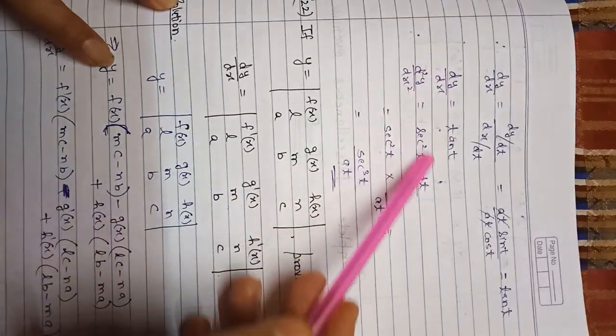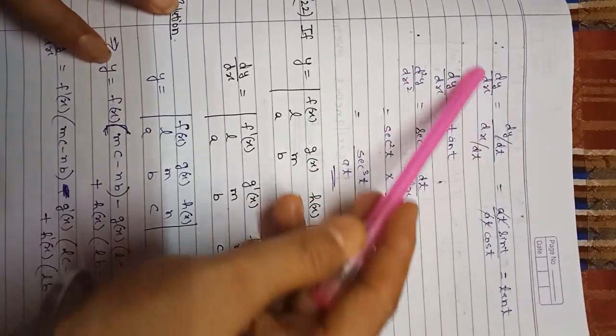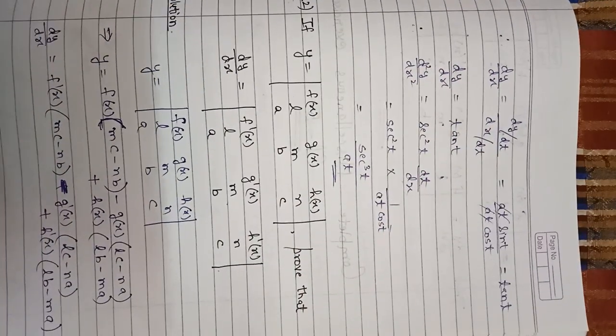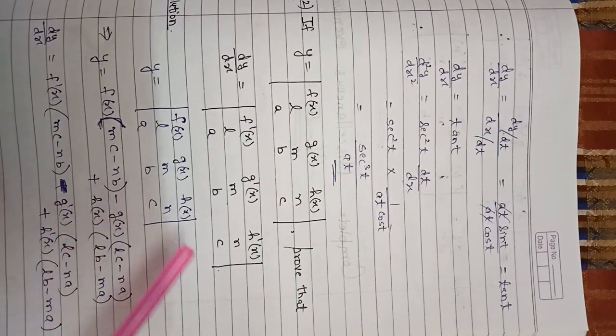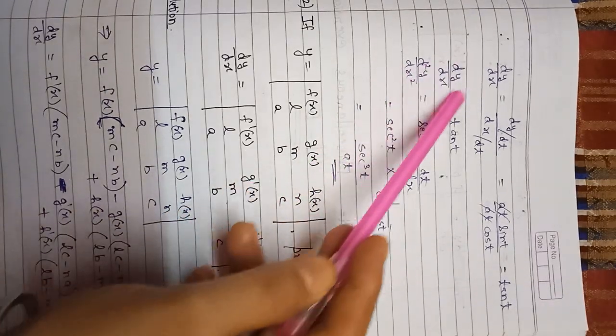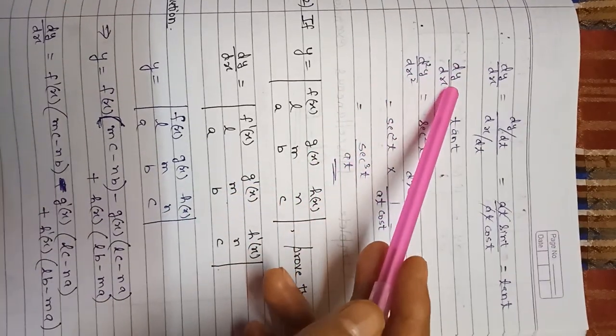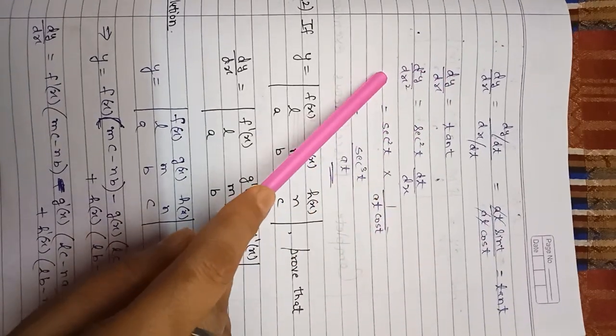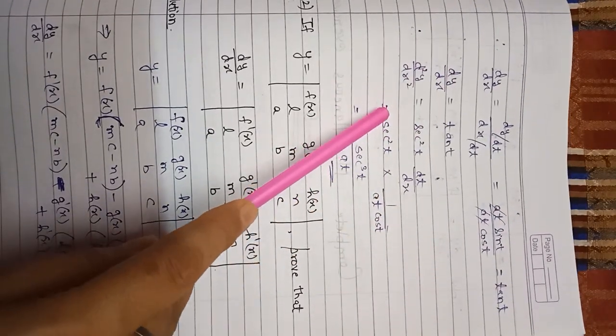So I am getting dy by dx as tan t. Till this step, everybody knows because we had already done it in the previous exercise. But here we have to find the second derivative d2y by dx square. So here only we will be differentiating with respect to x. I will be getting here in LHS d2y by dx square.